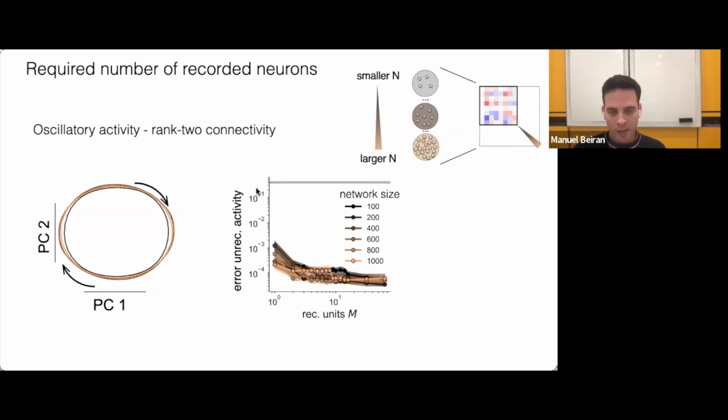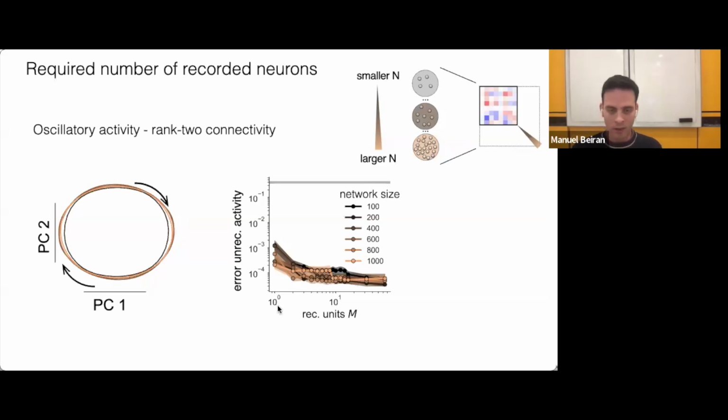This is the error in unrecorded activity when I'm recording from a subset of neurons, starting with 1, 2, 10, etc. The first thing you can see is that all lines are on top of each other. That means that there's no dependence whatsoever on the number of neurons. It doesn't matter if the network has 100 neurons or 1,000 neurons. It seems that the decay of this curve is the same in all cases.